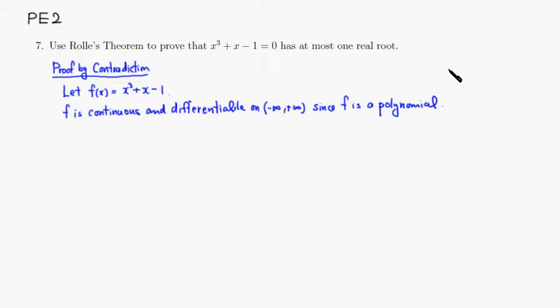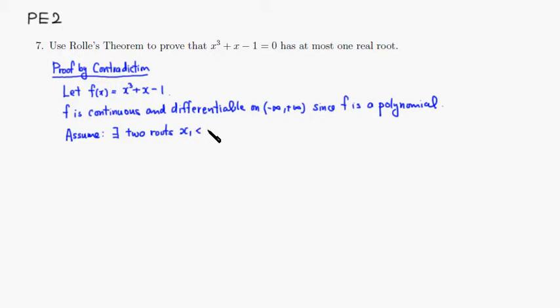Let's make this assumption: for the sake of argument, there exist two distinct roots, x1 and x2.